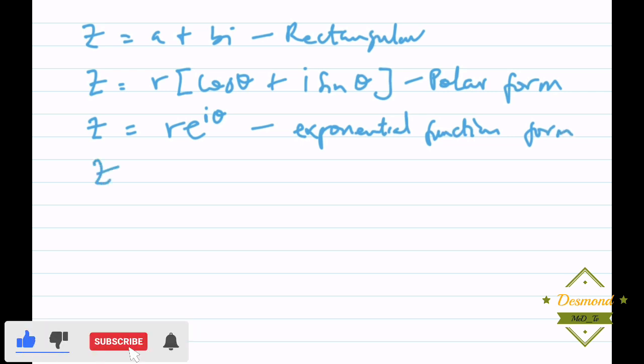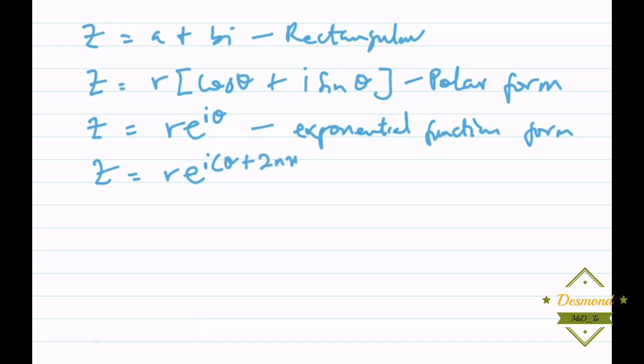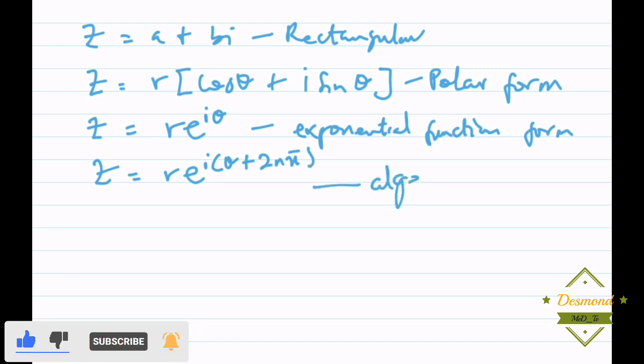And we also have z = r e^(i(theta + 2n pi)). And this is the algebra of complex numbers. Very simple. So these are the things that you need to know.